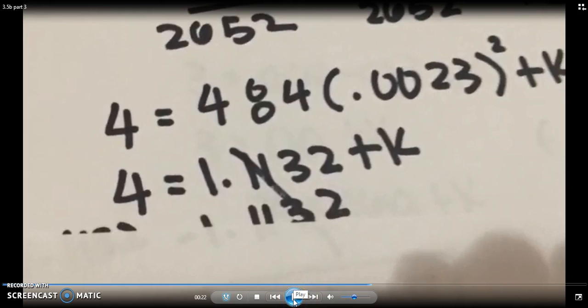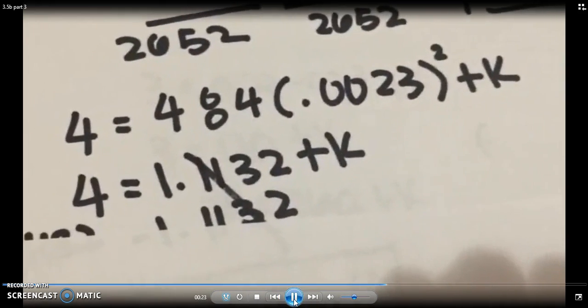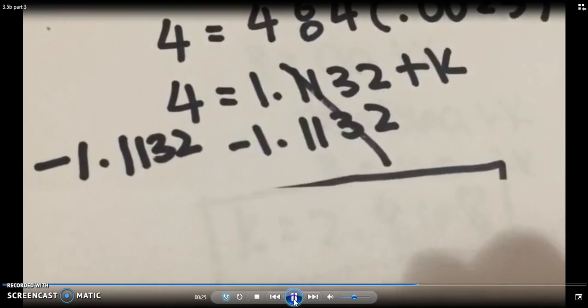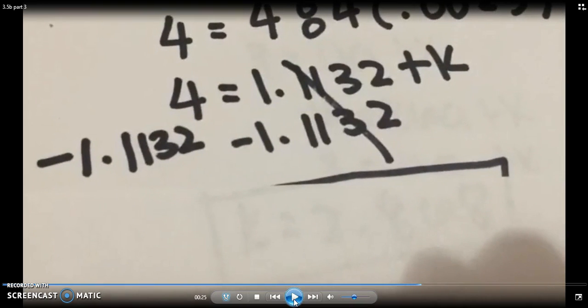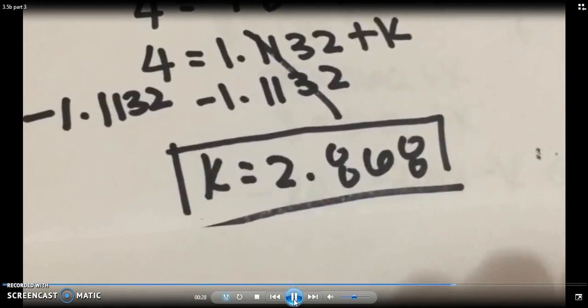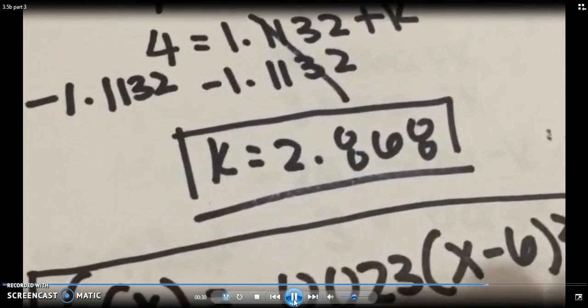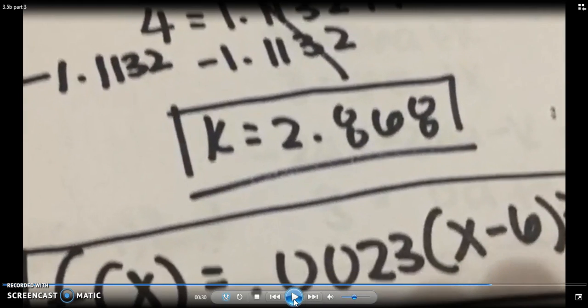And so I'm going to subtract 1.1132 from both sides in order to find out what my k is. So 4 minus 1.1132 is equal to 2.868. So that's my k.